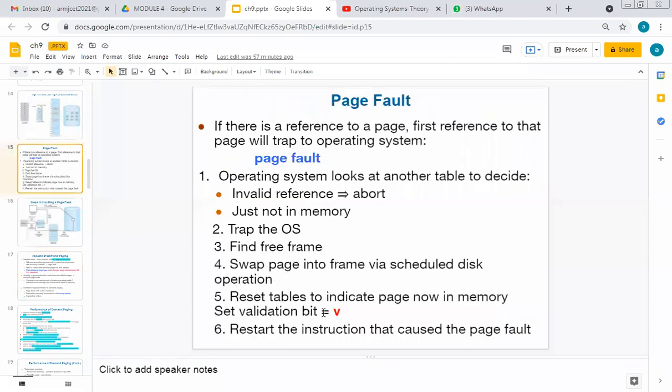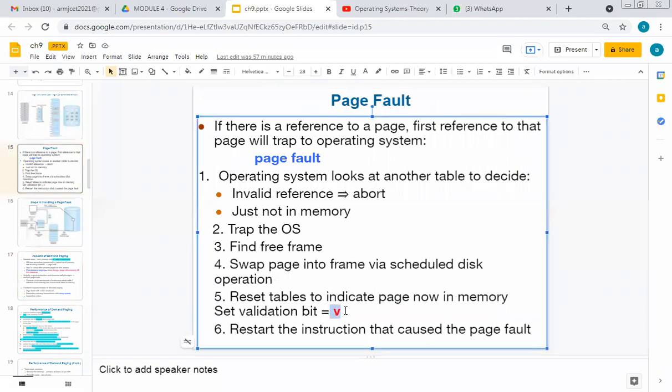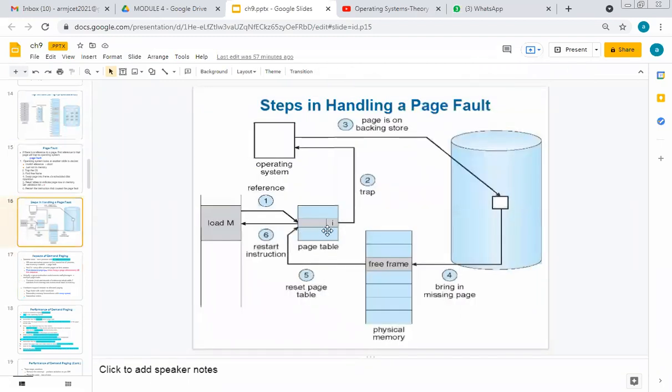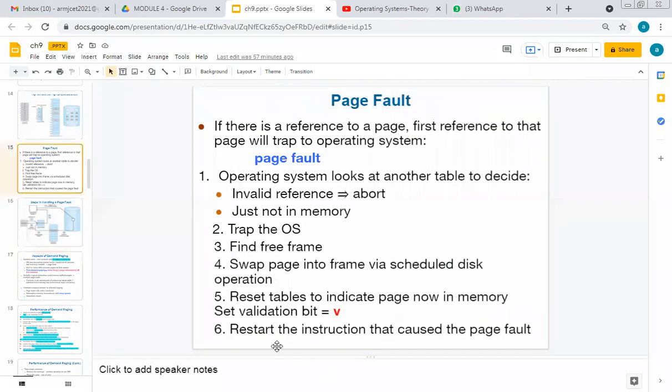For whichever page you have brought, earlier it was invalid, you make it valid, and restart the instruction execution. I hope it is clear. So this is called converting page fault into page success.